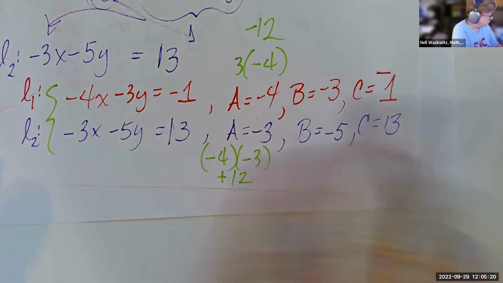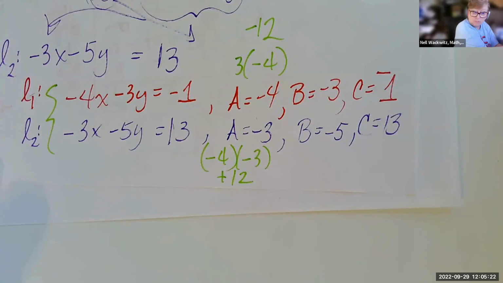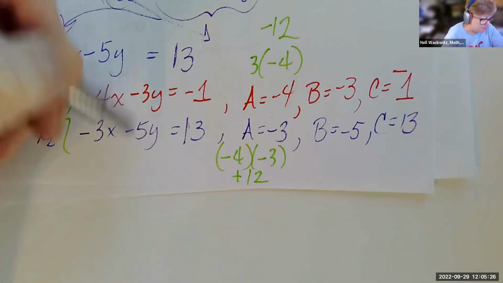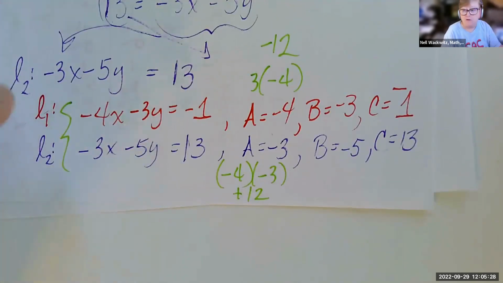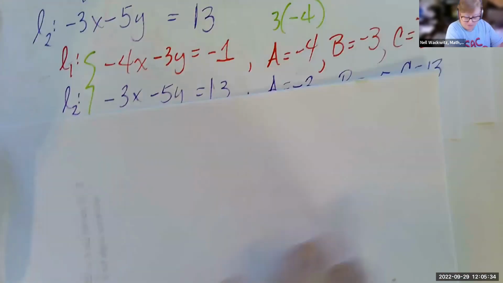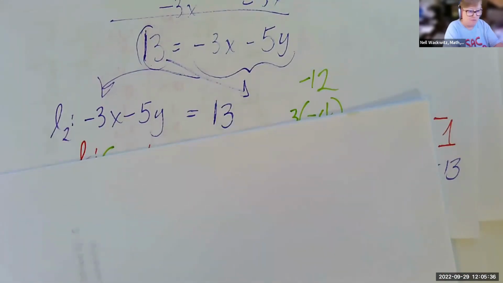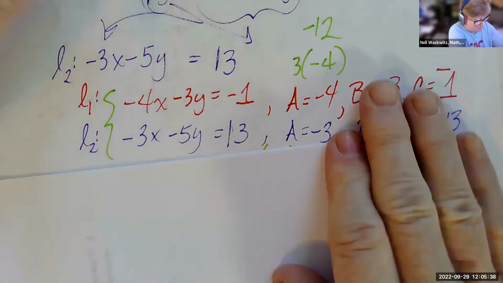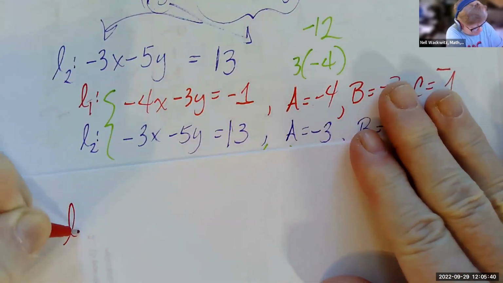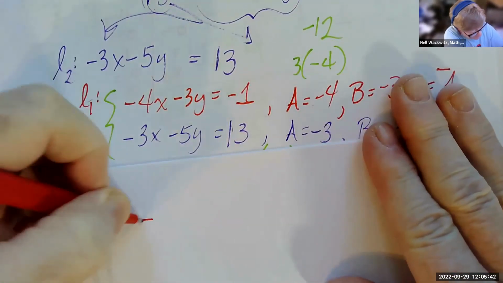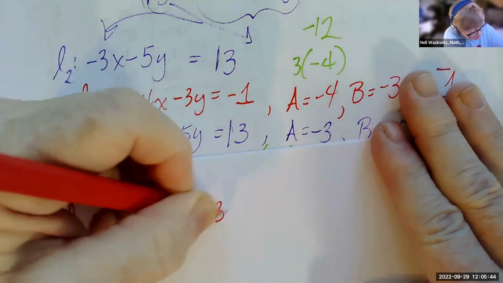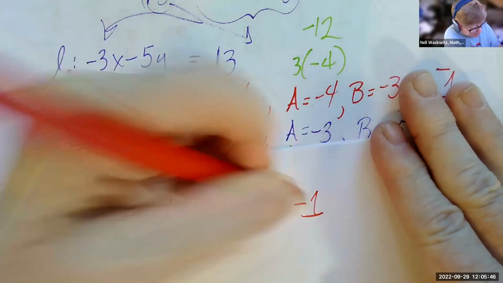You could have done it the other way around, right? Done the same kind of thing with the -3 and negative. We just have to choose. So let's rewrite the equations. We have -4x minus y equals -1.